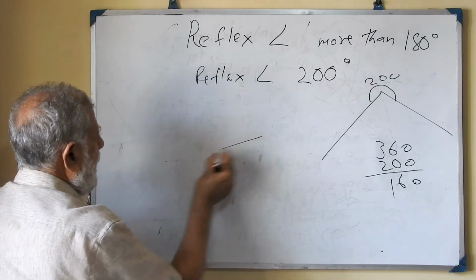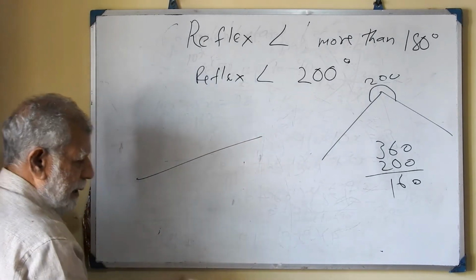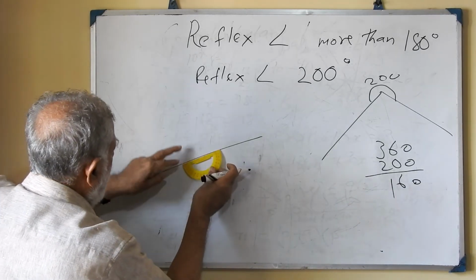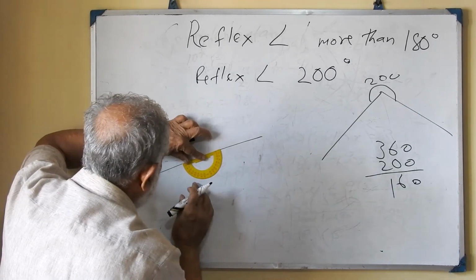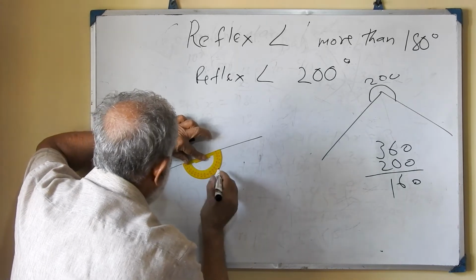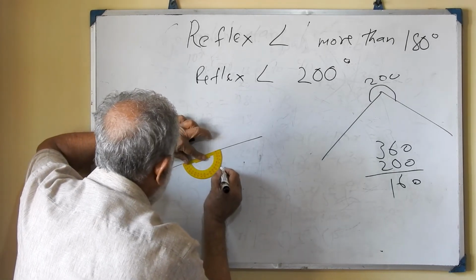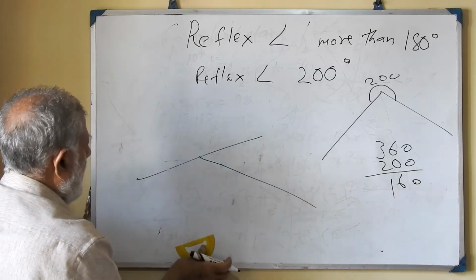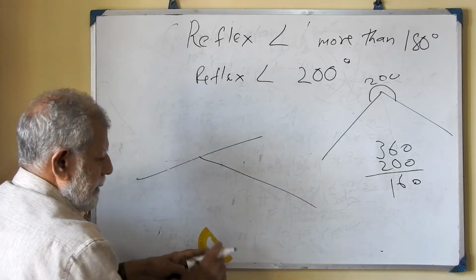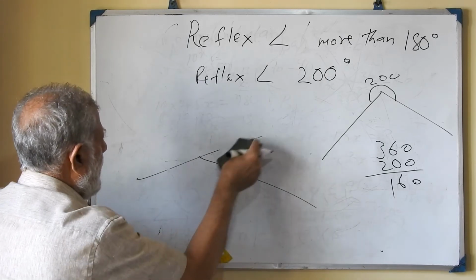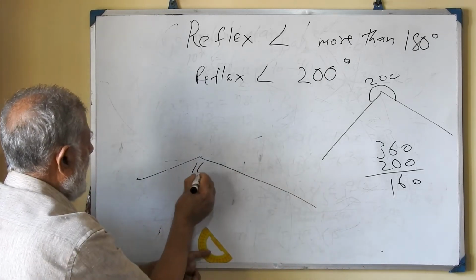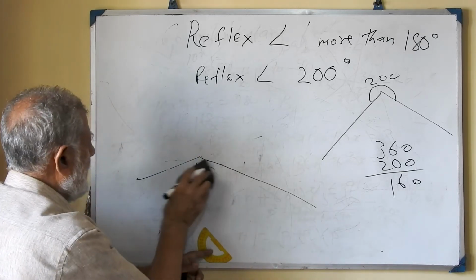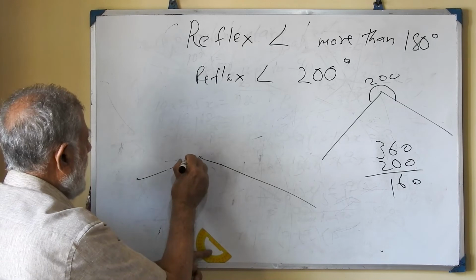So we draw a line, we keep the protractor here and count 160 degrees. So this is 160 degrees. So this angle has to be 200 degrees. So we don't write 160 degrees here. We write this as 200 degrees.